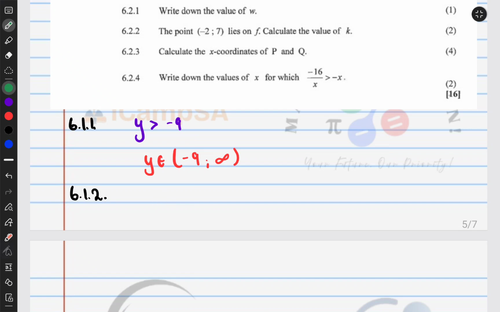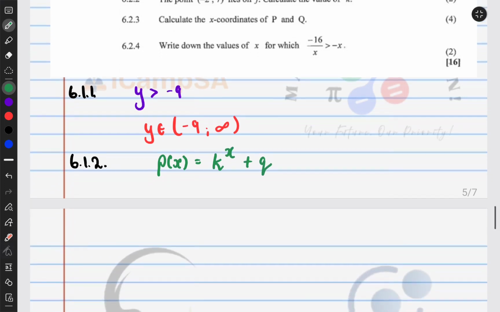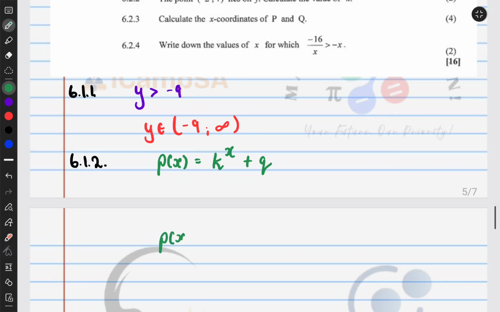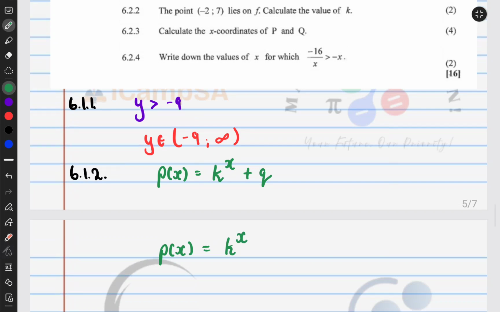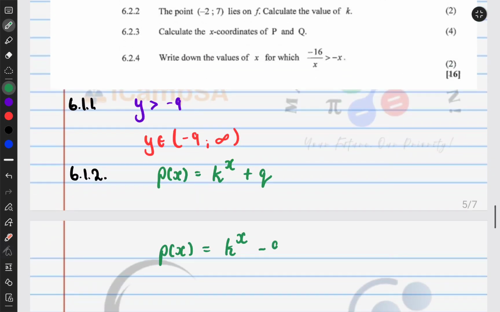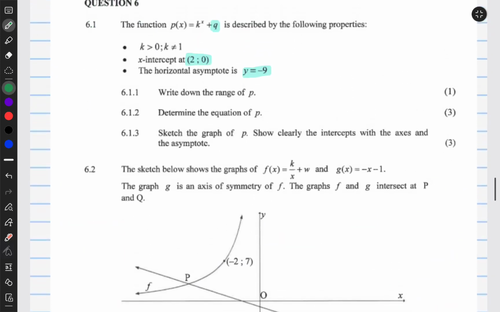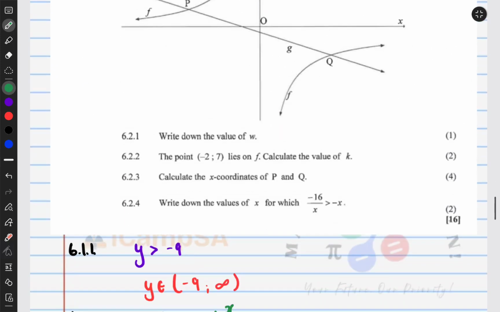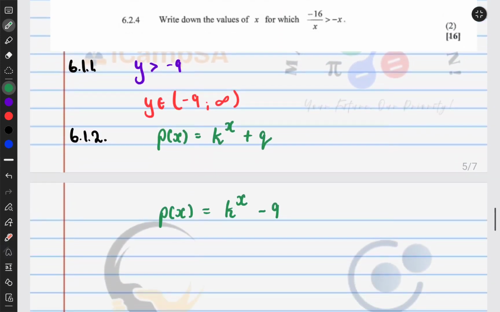p at x is equal to k to the power of x plus q. The value of q is negative 9, and we have the coordinates, which is the x-intercept at 2 and 0. So 0 is equal to k to the power of 2 minus 9.